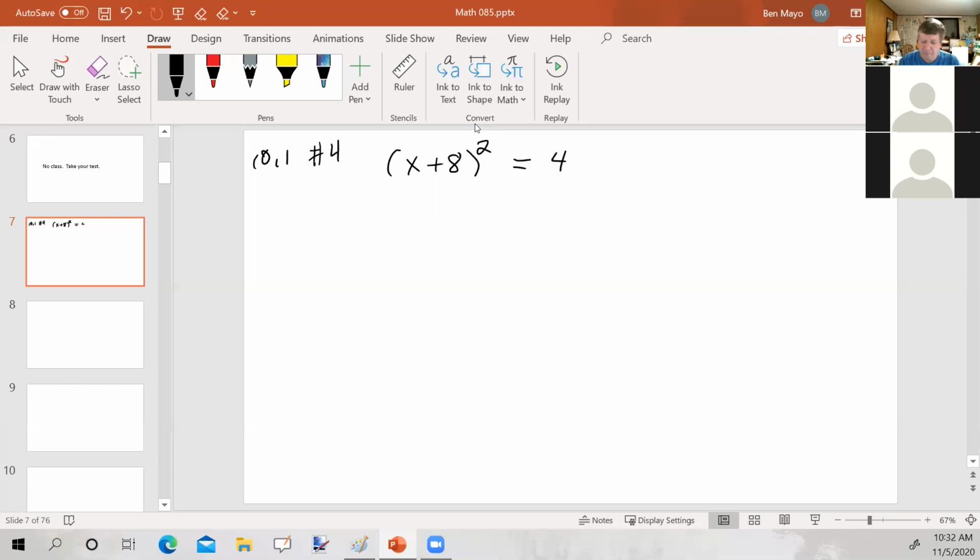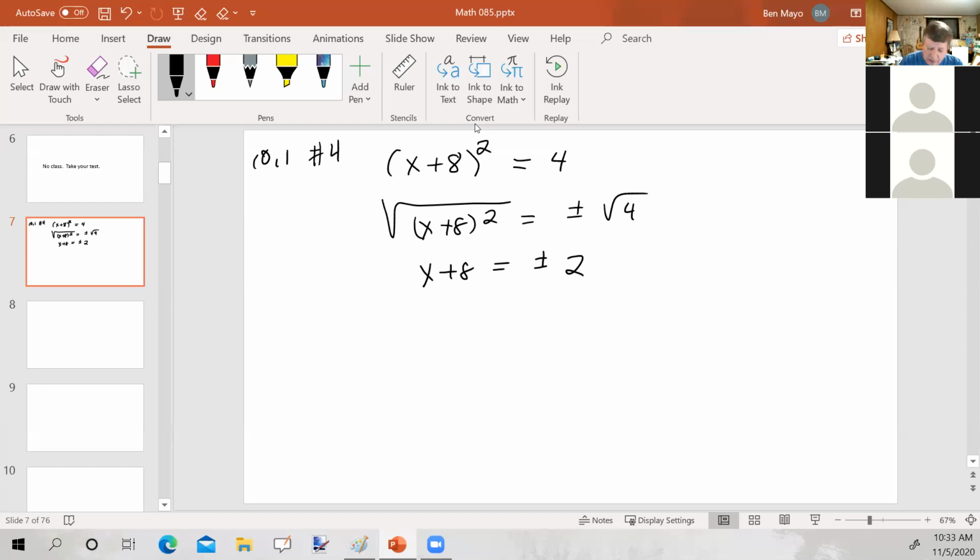And that's it? Okay, so it's already in the form we want, where on the left side of the equation, there's a perfect square with a variable involved. On the right side of the equation, there's a constant with no variables. So we'll take the square root of both sides of the equation. When we do that, we put the plus or minus on the right side. So now I get x plus 8 equals plus or minus, but the square root of 4 is 2.